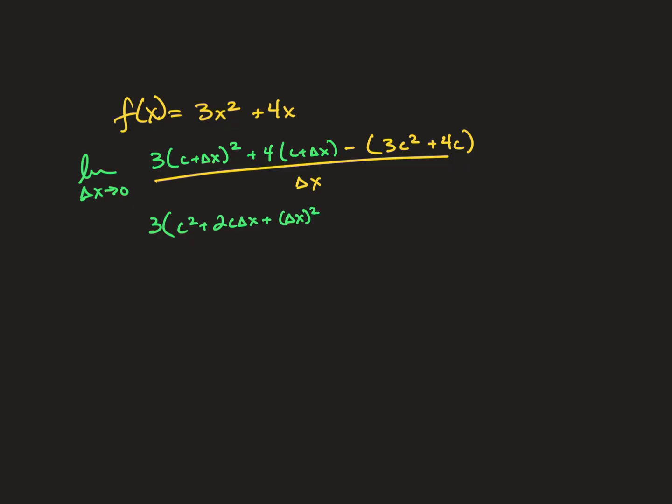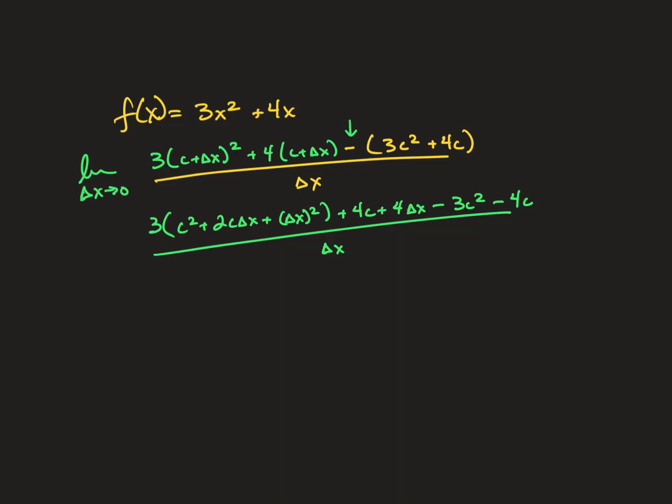There it is. And then plus, what are we going to do with that 4? Distribute it. So now we'd have what? Plus 4c, plus 4 delta x. And then what do we do with that negative sign? Distribute. So now we have minus 3c squared minus 4c, all over delta x. All right. I would do one more step before we start canceling out.